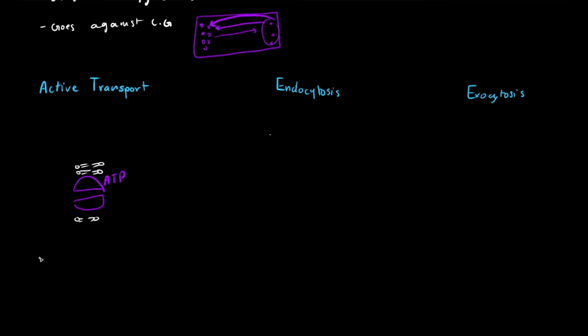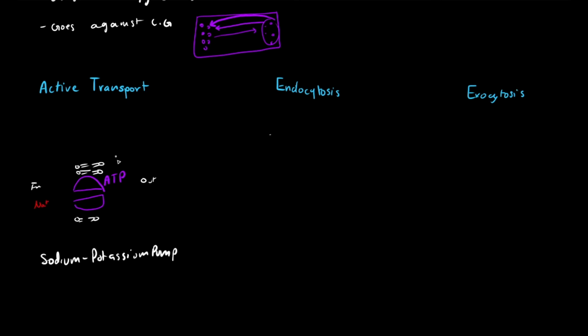And a good example of this is the sodium-potassium pump. Now in the cell, and let's just call this the inside and this is the outside of the cell. In the cell, a high amount of sodium can be really bad.